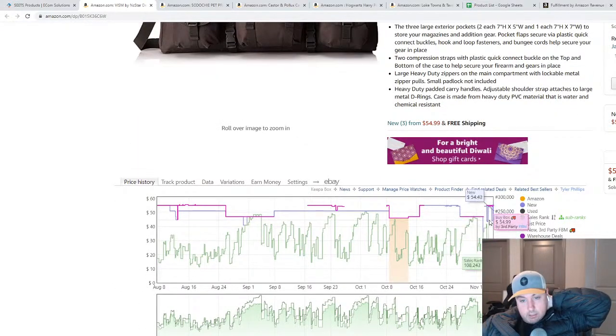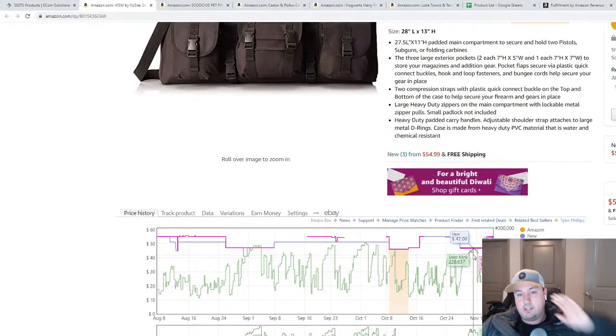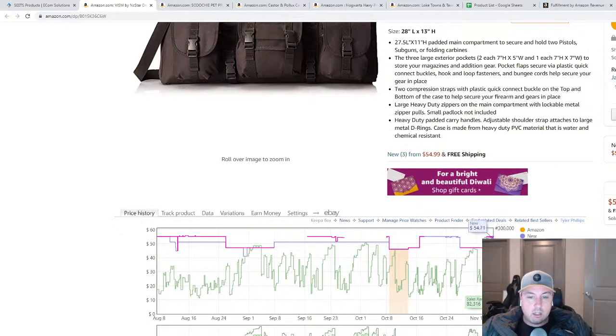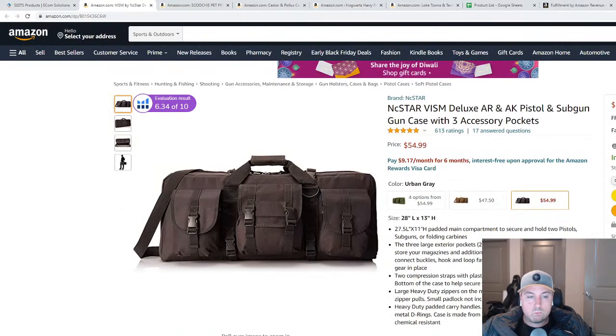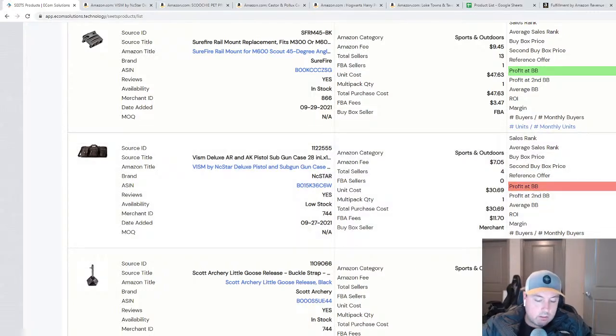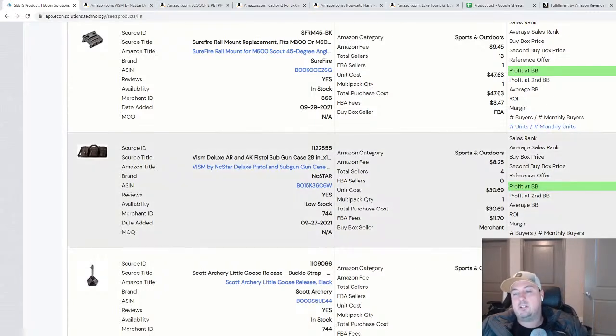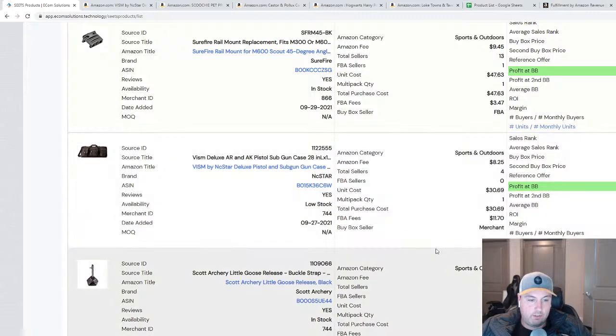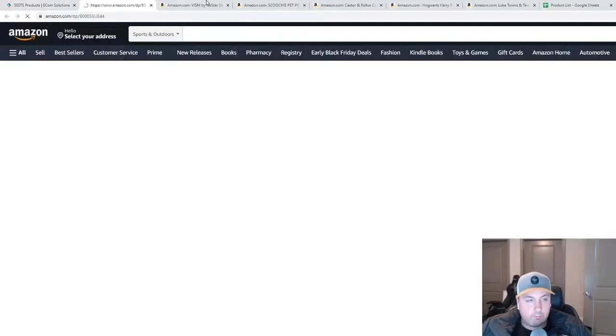This bag has been $47 to $54.99. What would worst case scenario be? Yeah, I just don't want to take a risk of something where you could lose money. I like to do the break even if at minimum there.